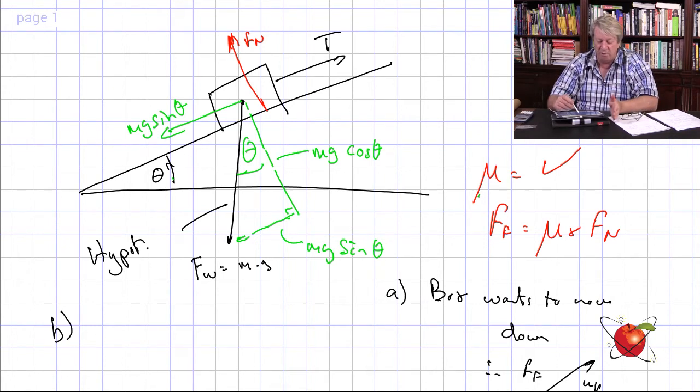We put that in, and now if this force plus friction is equal to the component down the slope, then the box is not going to move. Let's think about it. T plus the friction means the box is not going to move. The friction is still helping me keep the box in place.